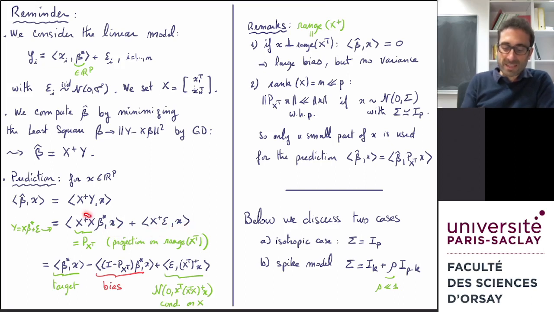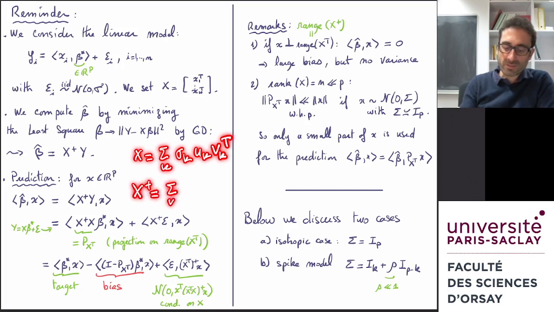And what is X plus X? This is exactly equal to the projection on the range of X transpose. Why is it so? Because if you take the SVD of X, it is the sum over k of sigma_k u_k v_k transpose. And X plus is the sum over k of 1 over sigma_k v_k u_k transpose.